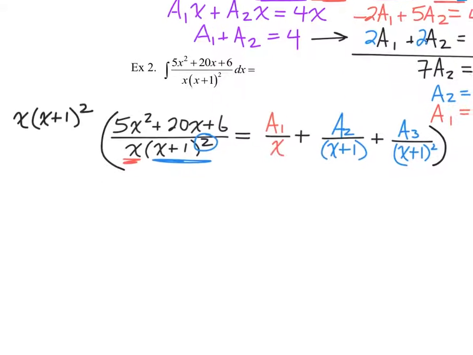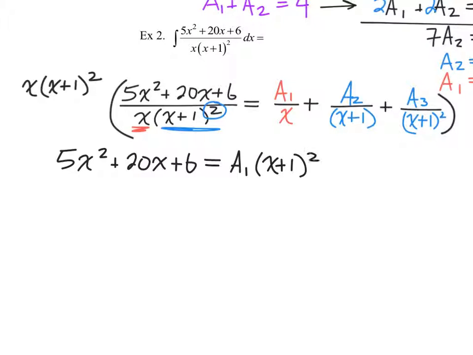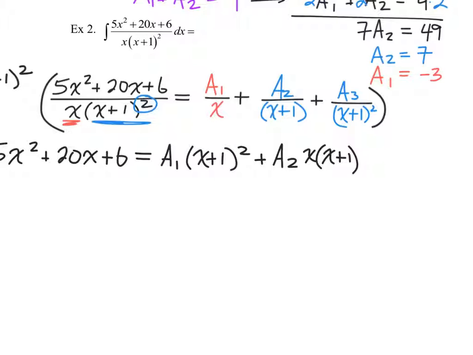And when we do that, all the denominators are going to cancel away. We're going to be looking at 5x squared plus 20x plus 6 equals a sub 1 times x plus 1 squared plus a sub 2 times x plus 1 and then a sub 3 times x.